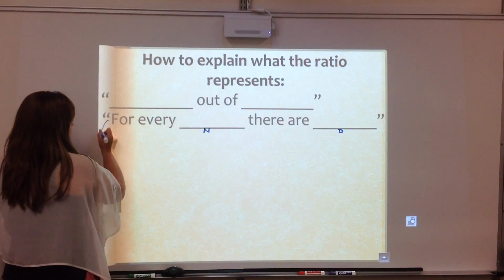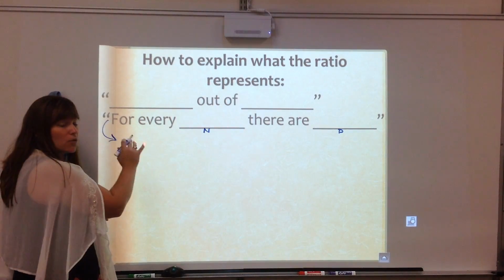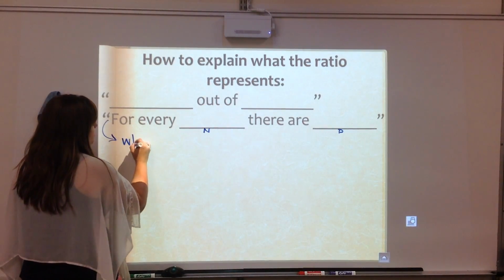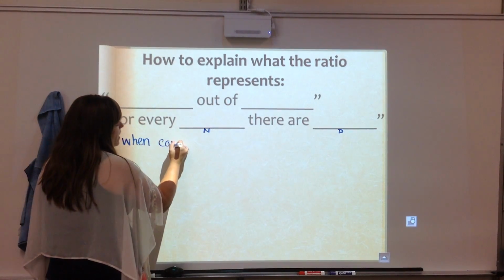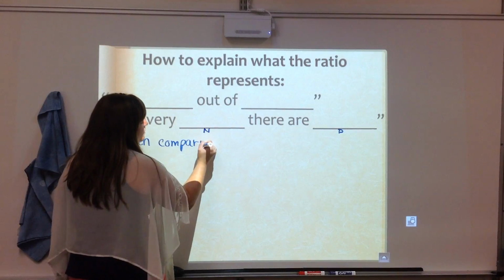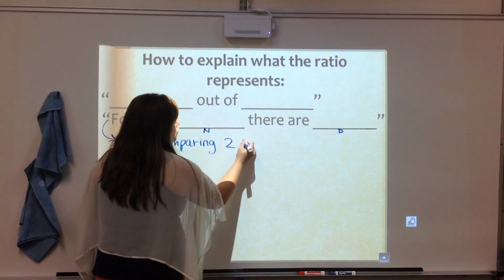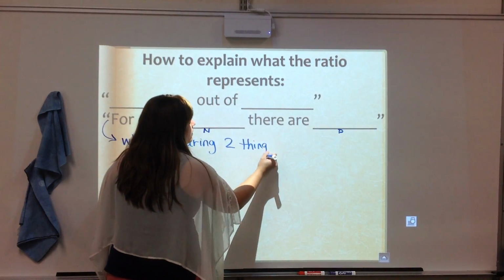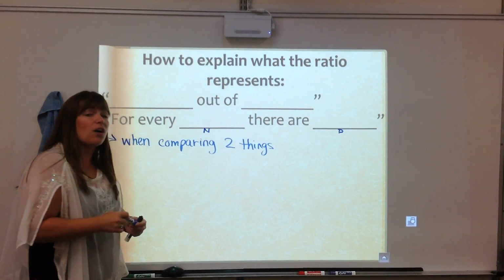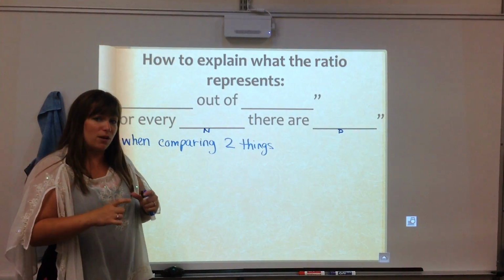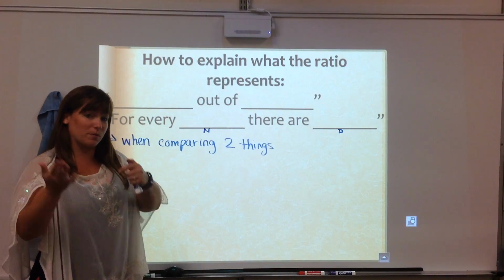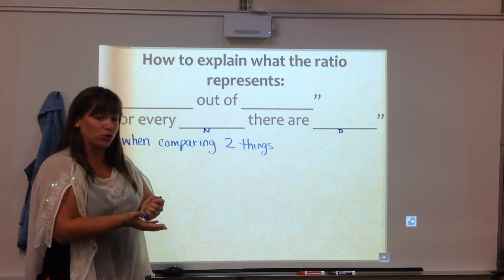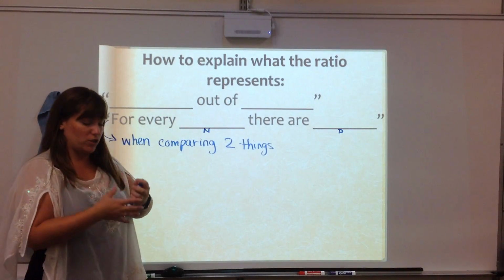So underneath, this second quotation is for when, please fill this in right underneath on the very bottom, when comparing 2 things. But as you saw with our second example in our middle section of our notes, sometimes we're not comparing 2 things, sometimes we're comparing 1 thing to the total. That's the first quotation.